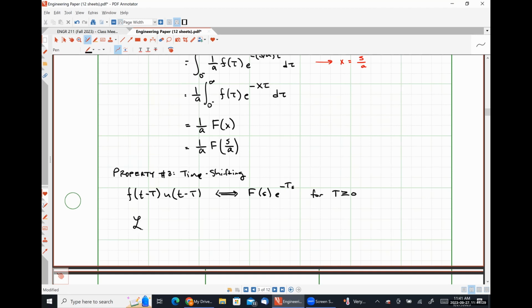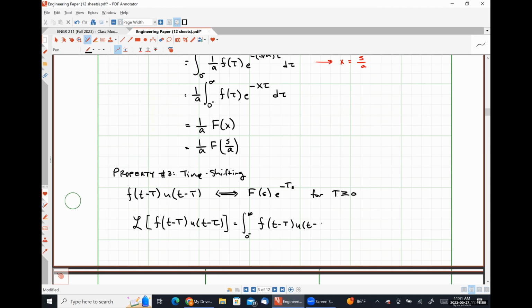The Laplace transform of f of t minus capital T times u of t minus capital T is going to look like the integral from 0 minus to infinity of f of t minus capital T times u of t minus capital T, e to the negative st dt.